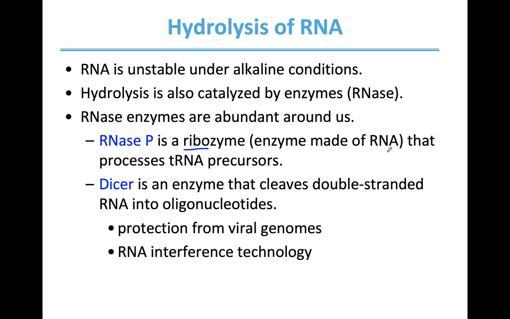In this class, we don't really look at those in great detail, but quite a few of them are known. And this enzyme processes tRNA precursors. Now there's also Dicer, which is an enzyme that cleaves double-stranded RNA into oligonucleotides, which is used in RNA interference technology.